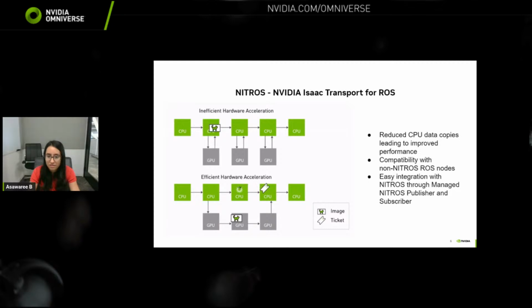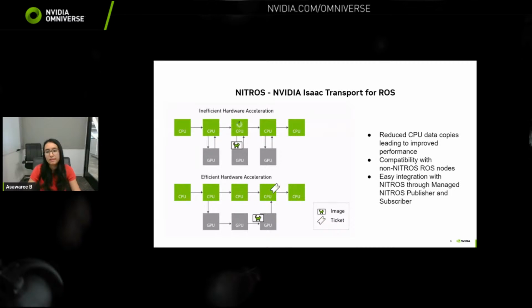Without Nitrous acceleration, look at the top half of the GIF over here. Data is communicated multiple times between the CPU and the GPU, and this obviously results in some latency and overhead in performance.